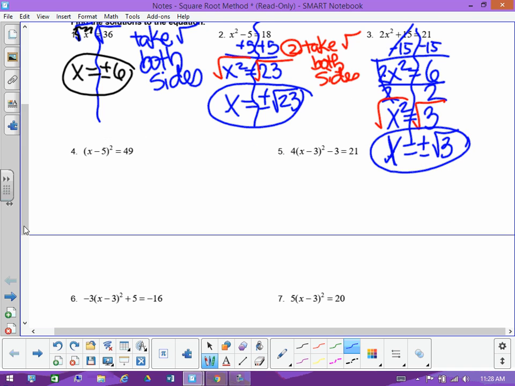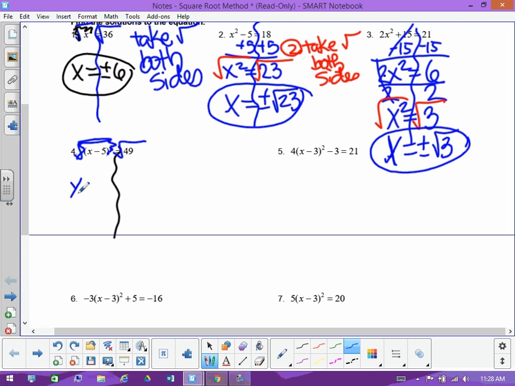Okay, so let's look at 4. We're going to do the same thing right here. That x minus 5 is stuck together in that parentheses. So if I want to get rid of the parentheses, I can take the square root of both sides. That's going to do away with the squared.